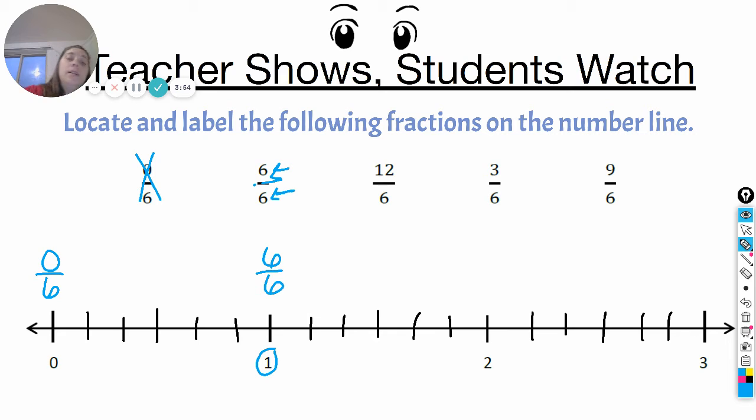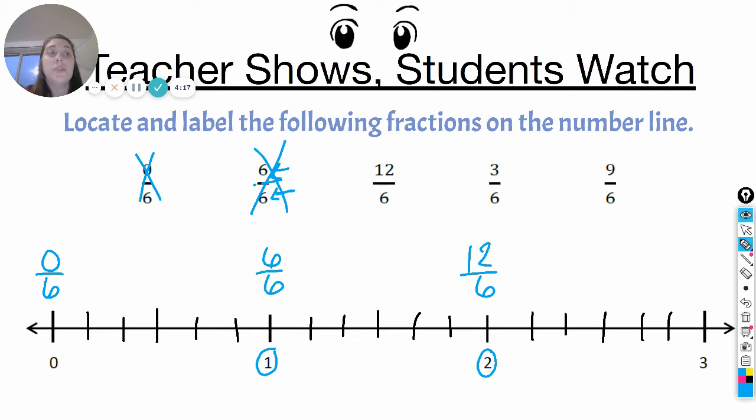Okay, let's keep going. Next one is 12 sixths. Well, I'm already at 6 right here, so I'm just going to keep counting. 7, 8, 9, 10, 11, 12. So 12 sixths is right above our 2.